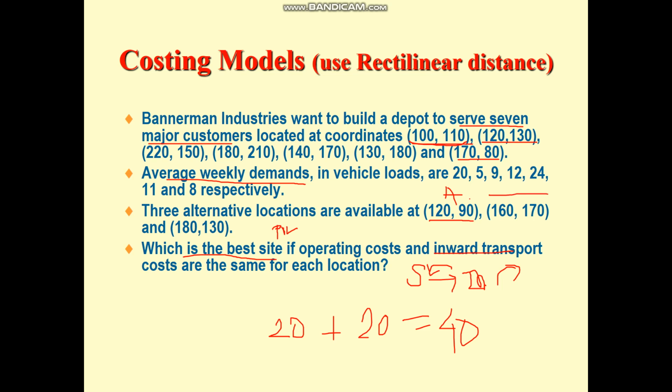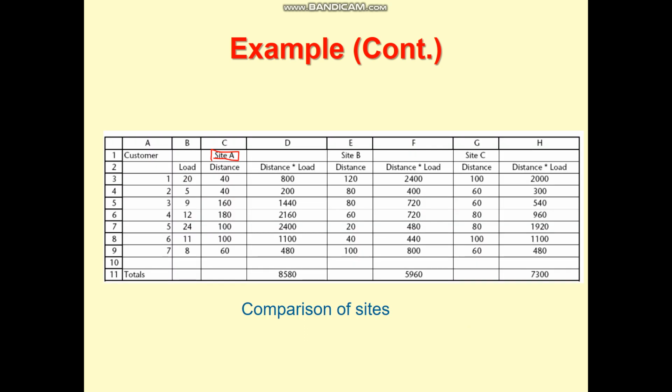Okay, then here is the distance between site A and the customers, and column B is the load of each customer. So we can calculate the value load times distance. It's equal to 20 times 40, which is 800.